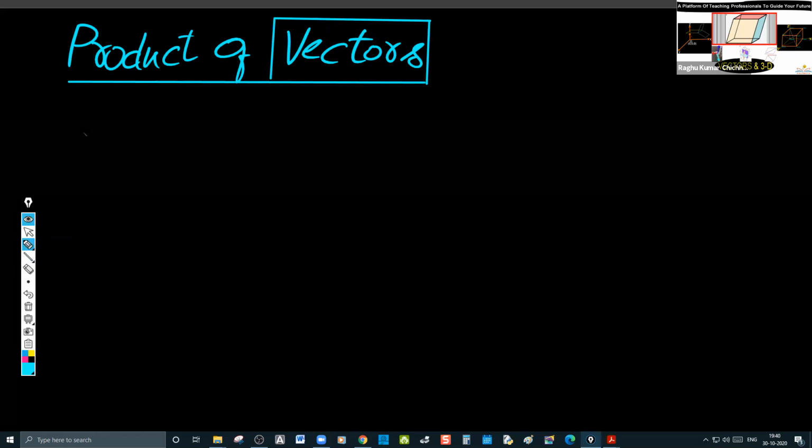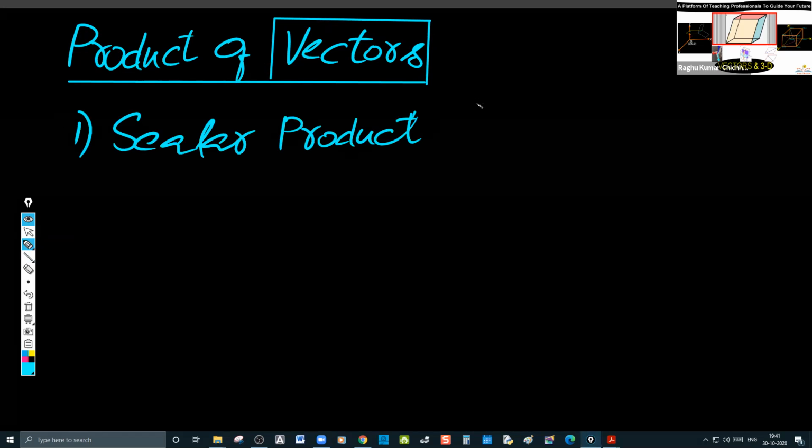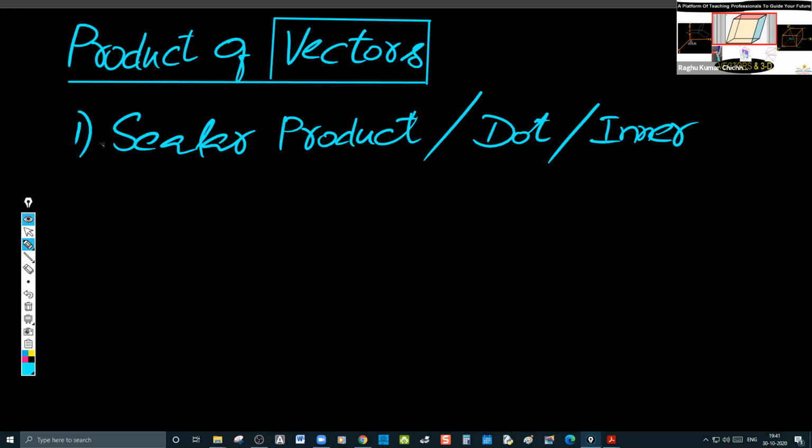So, how is it defined now? There are two types of products here of vectors. Number one is scalar, or it is also said to be dot because it is denoted by a dot, or dot product. It is also said to be inner product. It is not used much, but it is also said to be inner product.